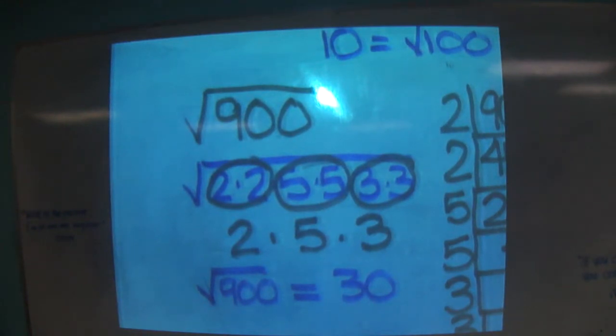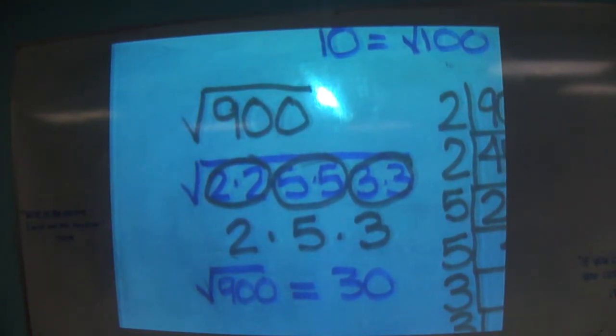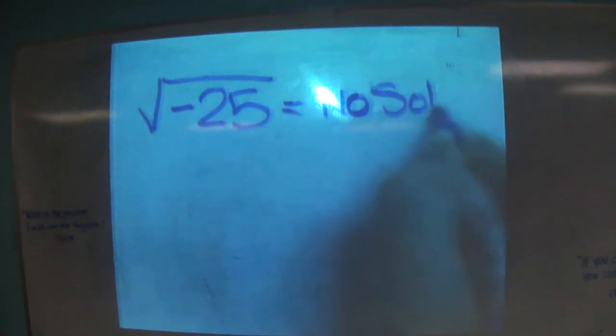Now, something you have to watch with square roots. Until you're in Algebra 2, the square root of negative 25 has no solution.